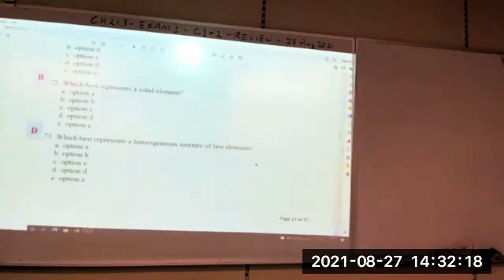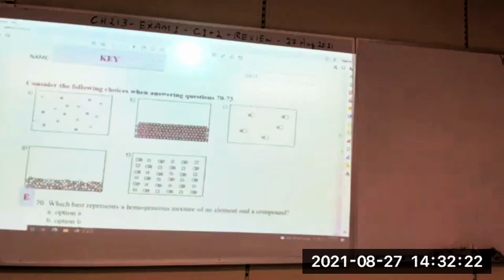73, which represents a heterogeneous mixture of two elements. Okay. So we need two elements with no compounds. So we've got to get rid of this one, and that one. Heterogeneous mixture of two elements, did it say? I bet it's this one. Heterogeneous means sample it anywhere and you get a different number of each of those elements in there. This satisfies right here.